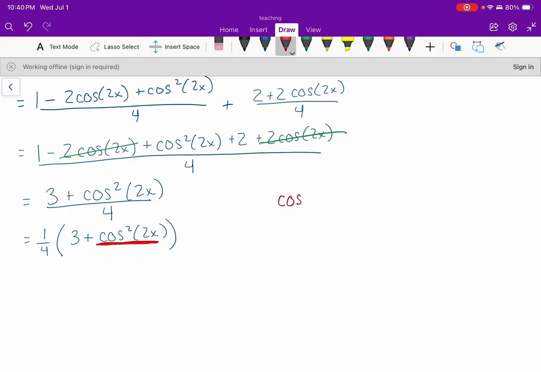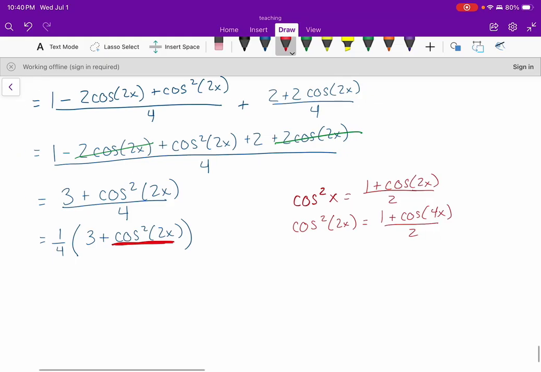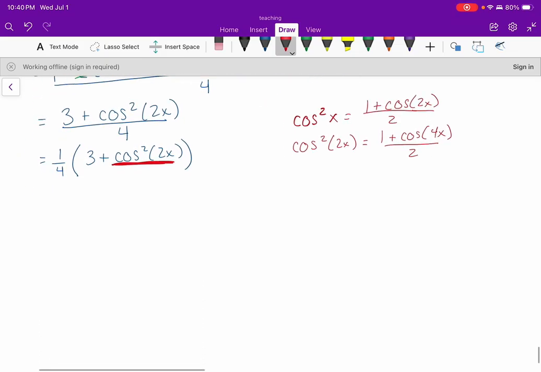Cosine squared x is equal to 1 plus cosine 2x over 2. If I make this cosine squared 2x, this becomes 1 plus cosine 4x divided by 2. So I'm having to change the identity a little bit to fit my needs.